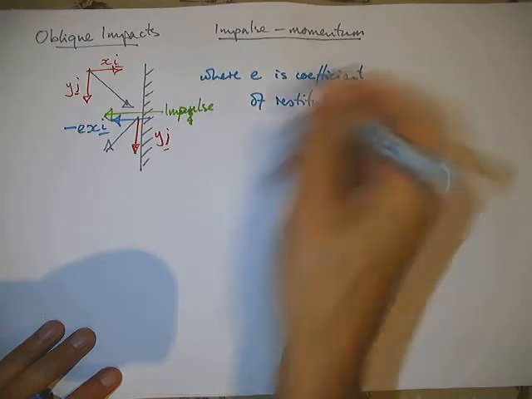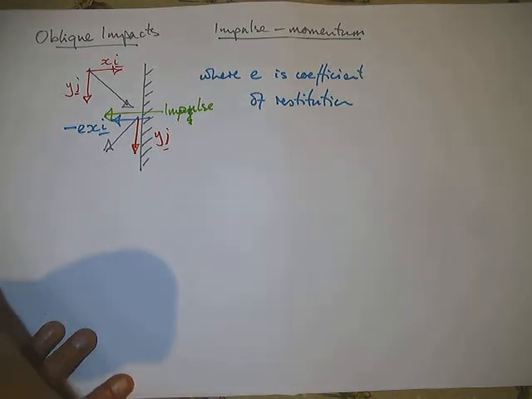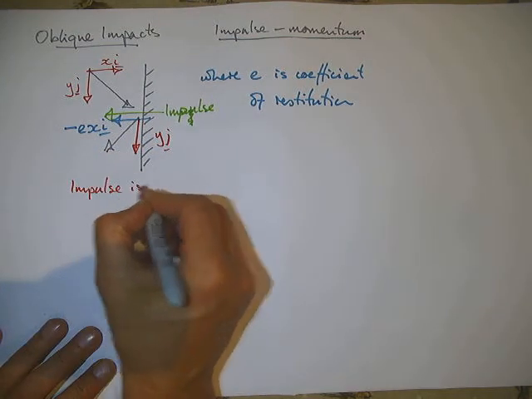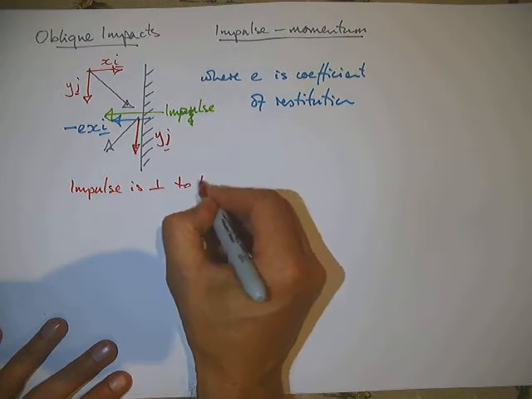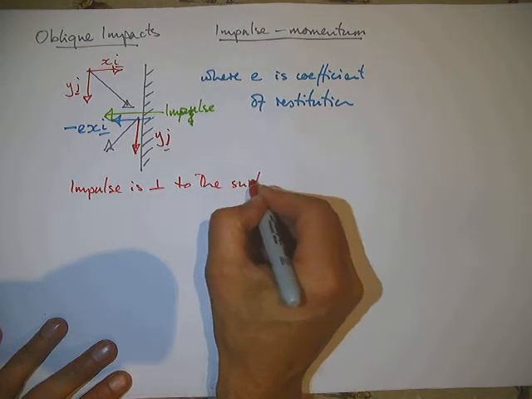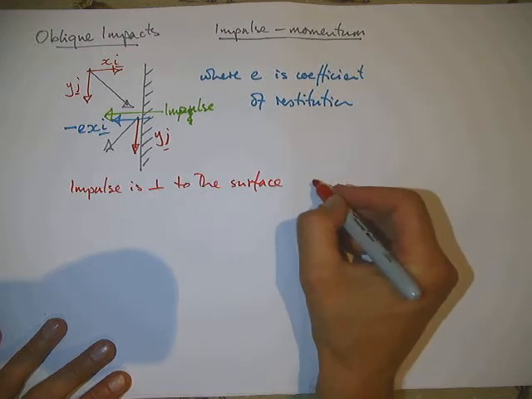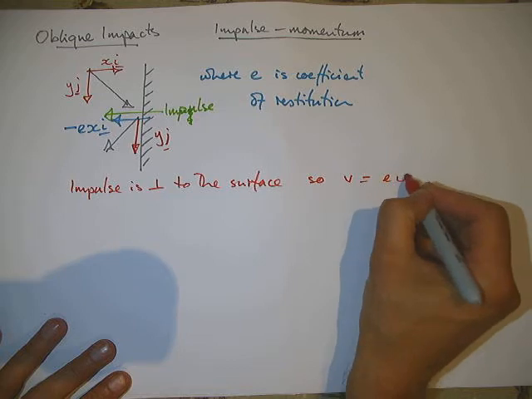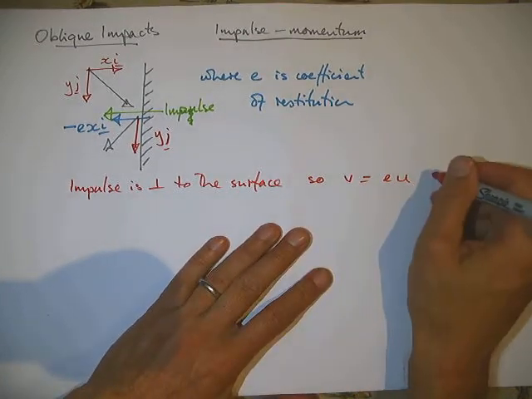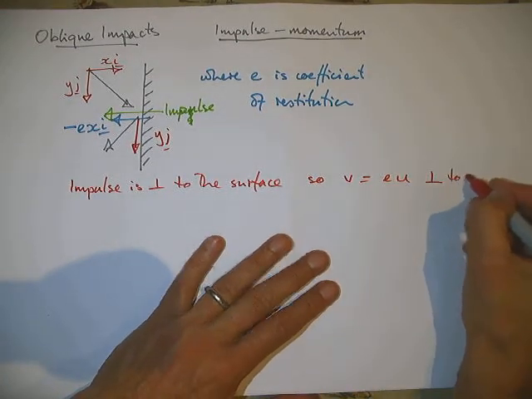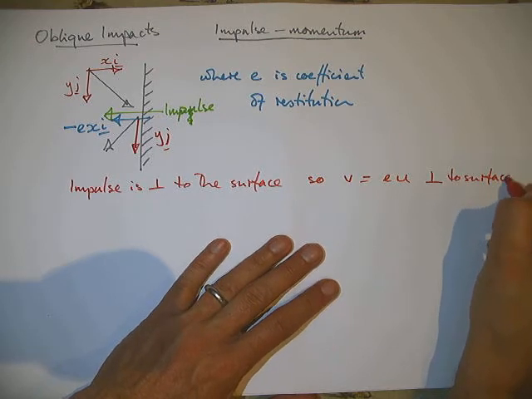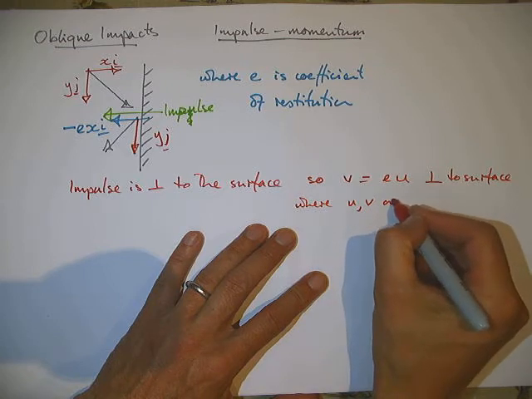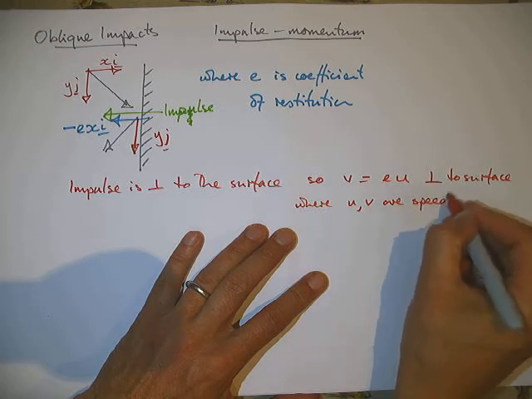So what have I said there? I've said that the impulse is perpendicular to the surface. So V equals EU, perpendicular to surface, where U and V are speeds.